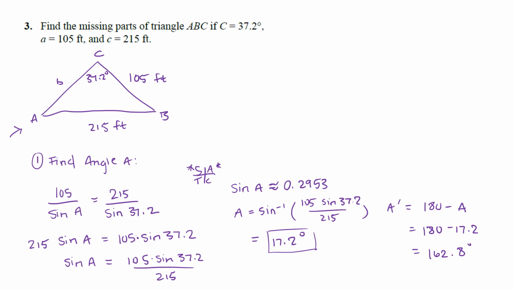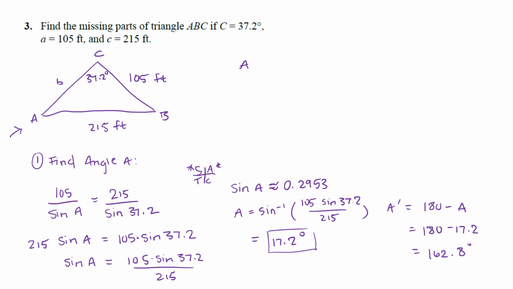Now, if we were to plug this value into our triangle, and this wasn't something that we checked on the last problem, but in this specific one, I wanted to add this extra little tidbit. In this problem, if we take 162.8 and we add it back into our problem, and we say now A is 162.8 degrees, A prime, right?